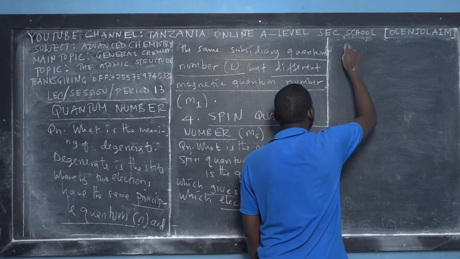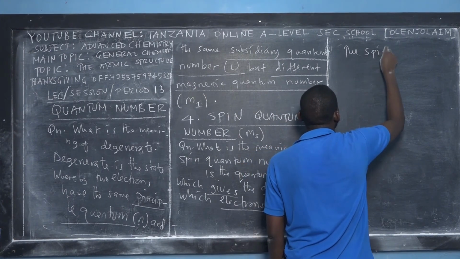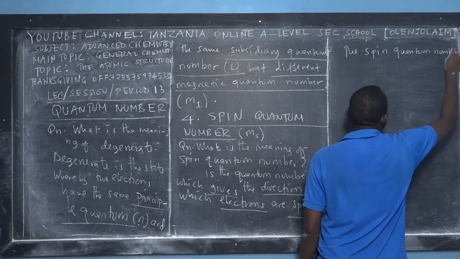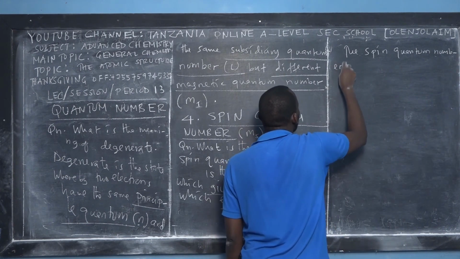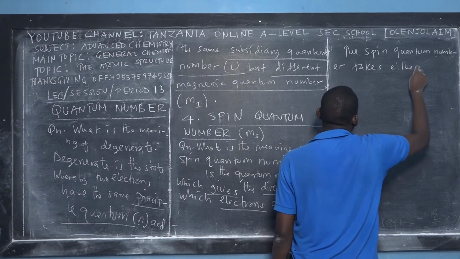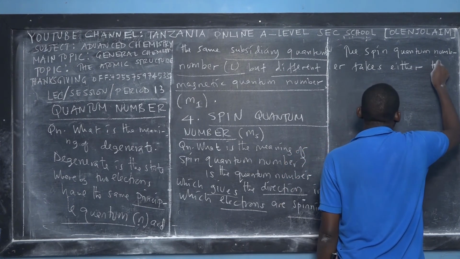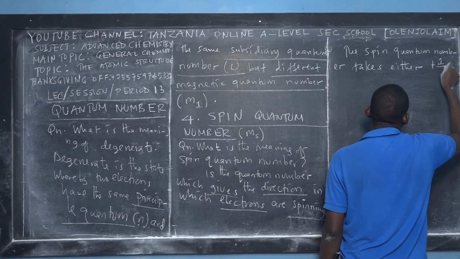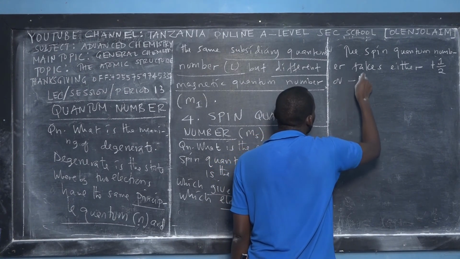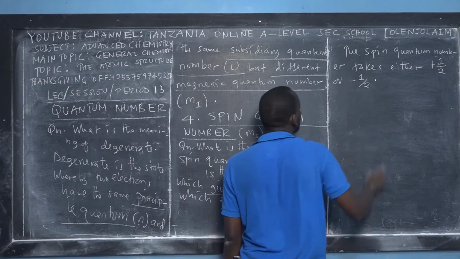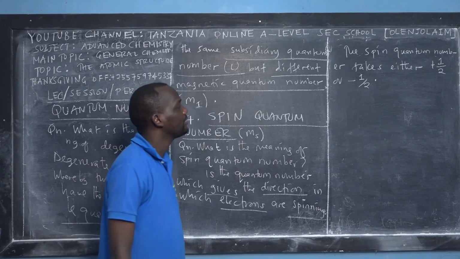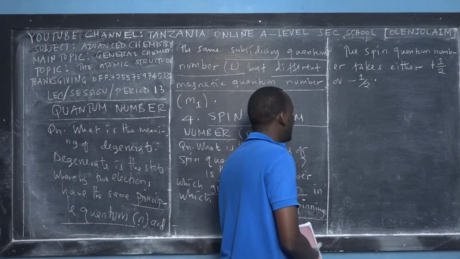So again we say that the spin quantum number takes either of two values, either positive half or negative half. It takes only those two values.